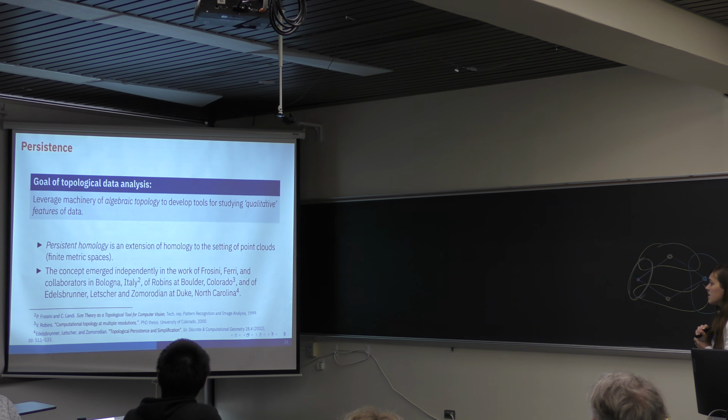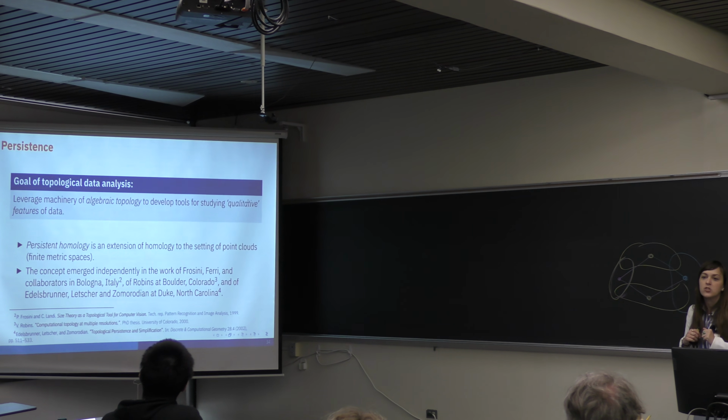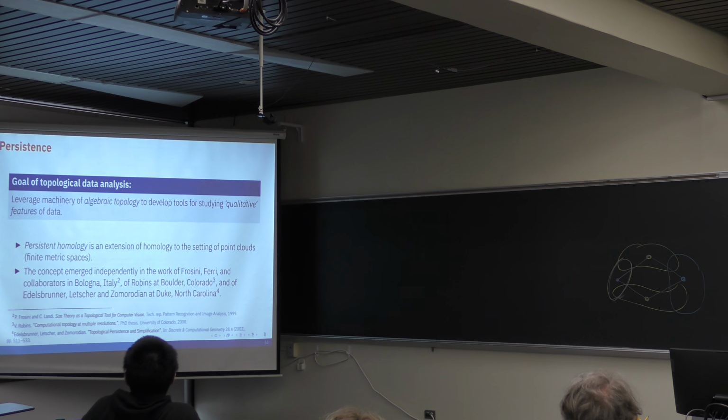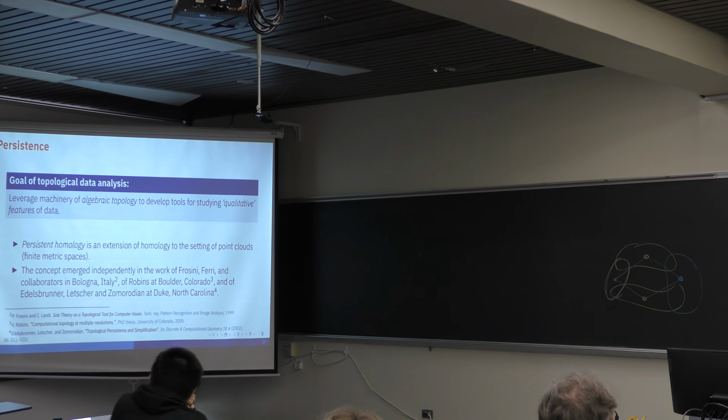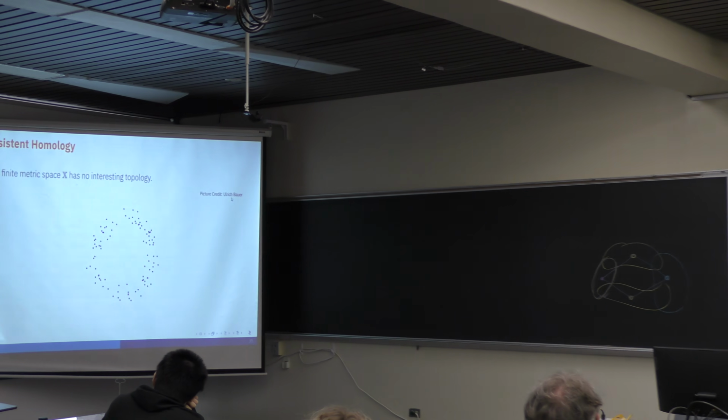Then Zomorodian went from Duke to do a postdoc at Stanford, and when he started working with Gunnar Carlsson, they gave very firm mathematical foundations to this initial theory. So that was when the math also came into the picture.